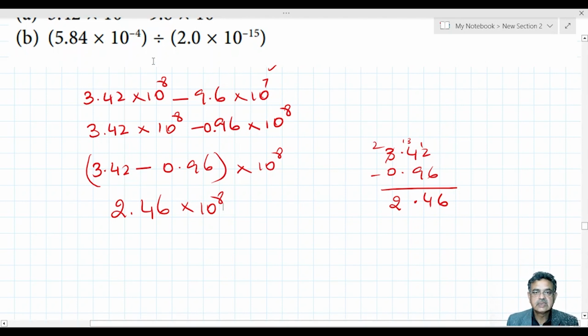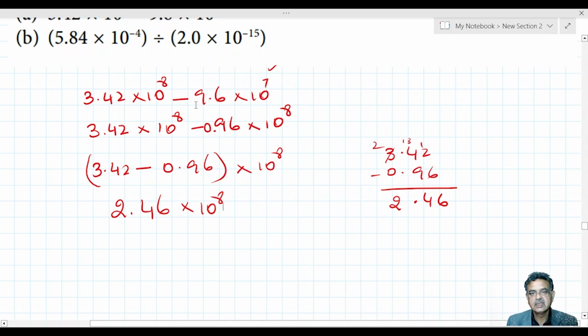So once again I will tell that whenever there is a difference in the powers of 10, then make the smaller power equal to the larger one. It was 7, so make this 8. As you make it 8, the value is increased. So if it is increased from the power of 10, you can decrease from here.